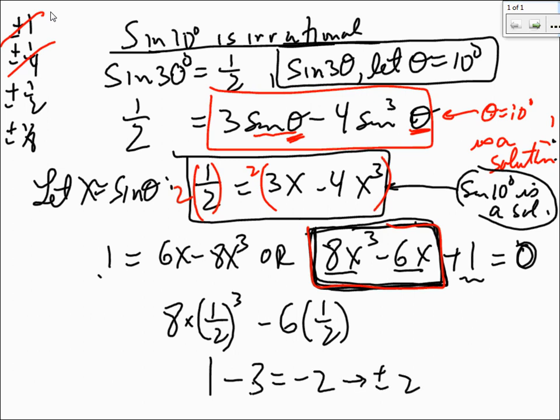Plus minus 2 don't work, because when I add 1, I don't get 0. Where did the plus 2 come from? Well, if I plugged in negative 1/2, I would get negative 1 plus 3, or positive 2. But when you add 1, you're not going to get 0. So half didn't work. Let's try 1/8.